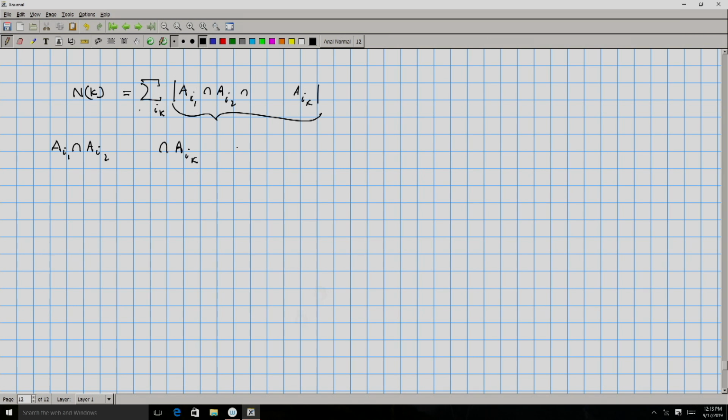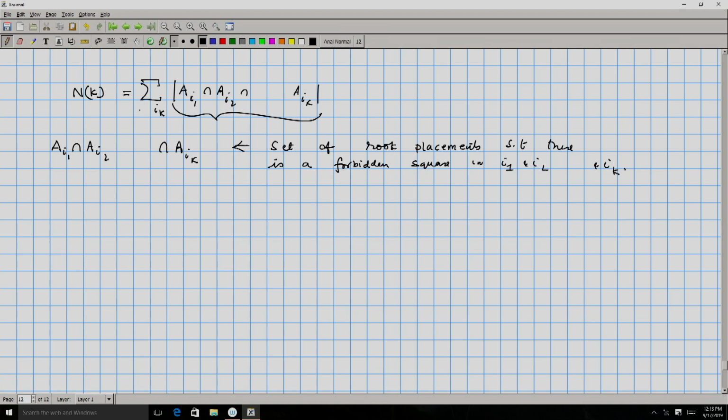This is a set of rook placements such that there is a forbidden square in I1 and I2 and IK.